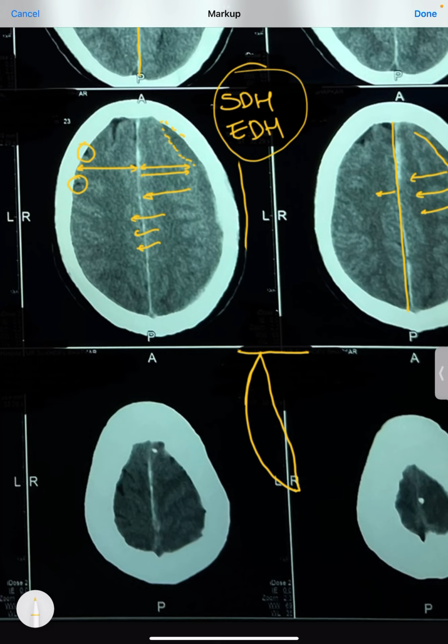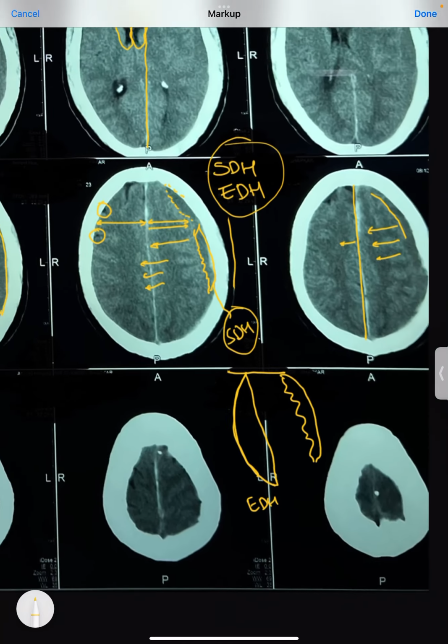It has a convex border, whereas whenever it comes to SDH, it has a concavo-convex border like this. So in our case, this is more of the same structure. So this is a subdural hemorrhage and not an extradural hemorrhage.